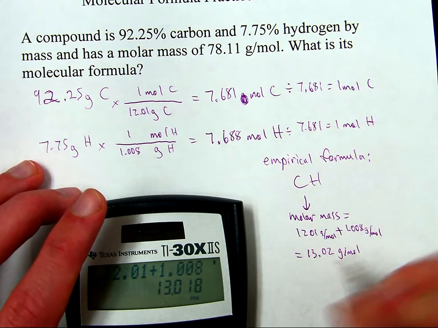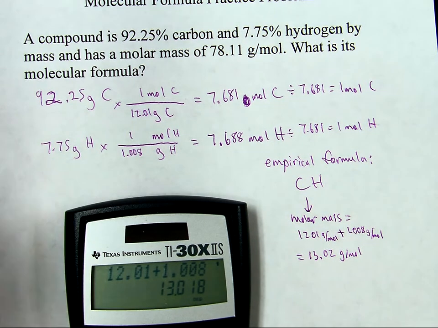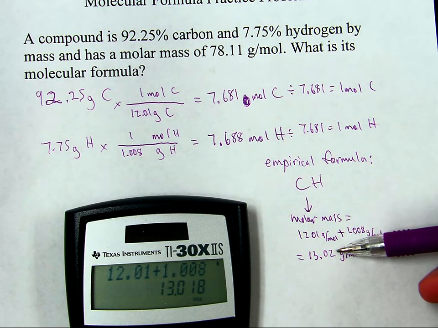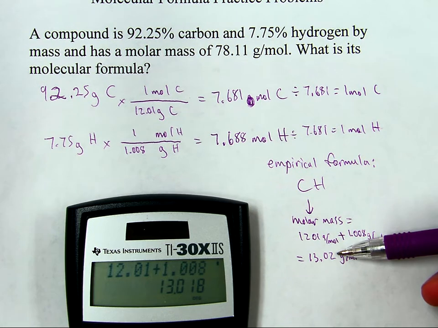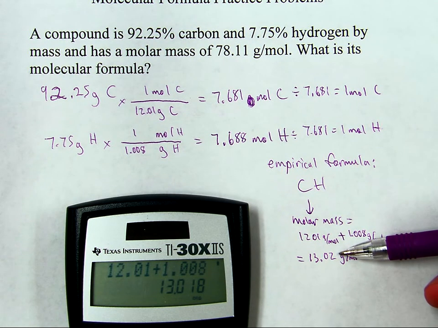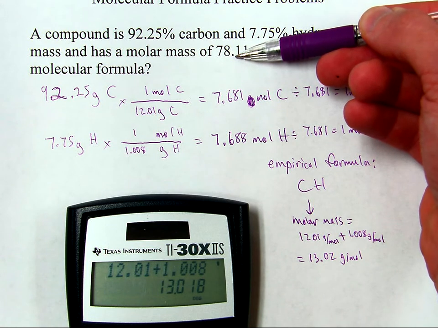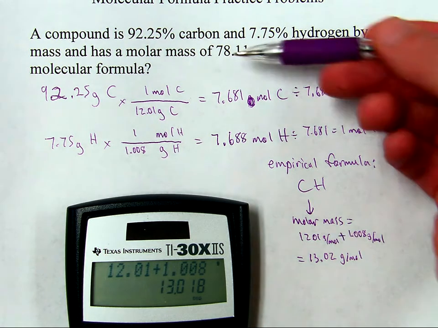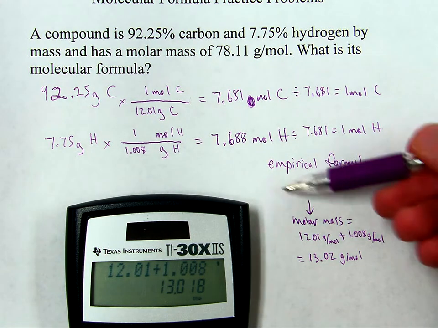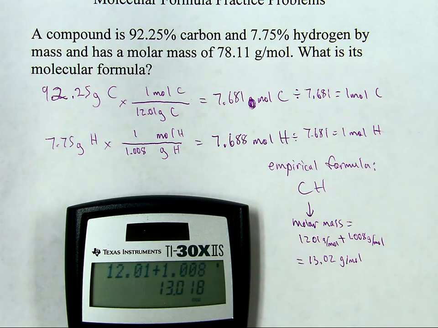Remember, we always round molar masses to 100th place. So the molar mass of the empirical formula is 13.02. The molar mass of the actual thing, the molar mass of the molecular formula, is this. So however much bigger this is compared to this, we need to multiply the entire formula by that much.